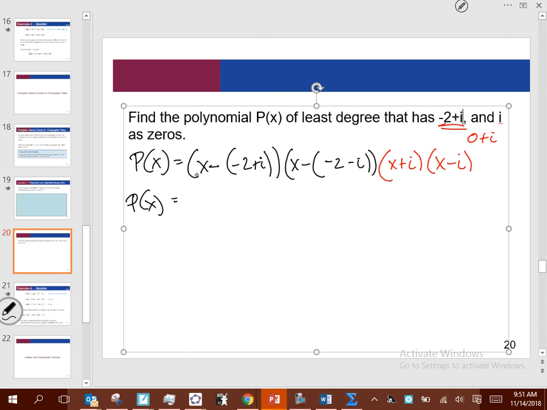With doing these two, I'm going to go to the technique that I finished with on the last one. I'm going to distribute the negative through. So it becomes x plus 2 minus i, and it becomes x plus 2 plus i. And I like to group those two.